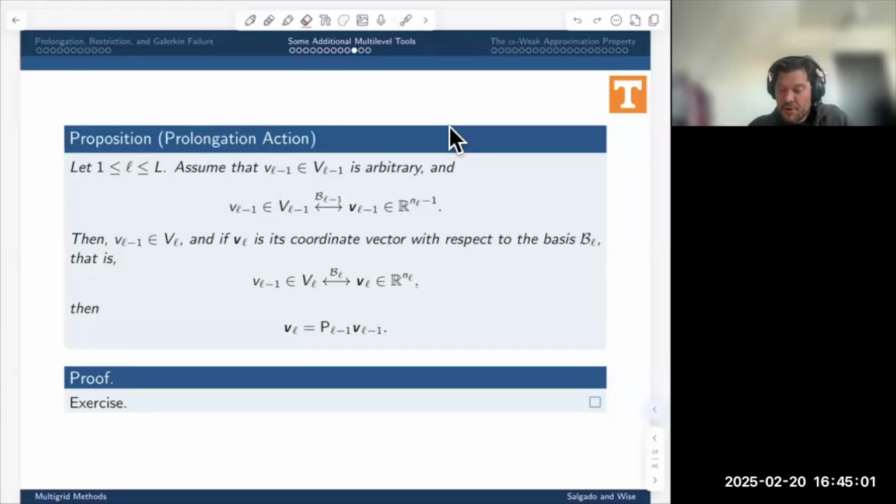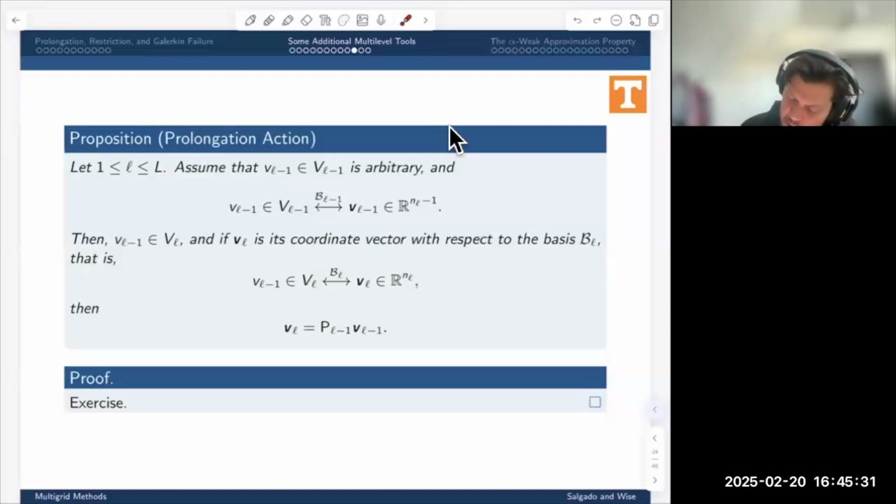Suppose that I have a coarse grid function, and let's suppose that's a piecewise constant function. Piecewise constant functions and grid functions, we know how to relate the two, so I'm often not going to make the distinction between them. So this is a piecewise constant function on the coarse grid, but suppose it starts out as arbitrary, and suppose that its vector representation in the canonical basis on level L-1.